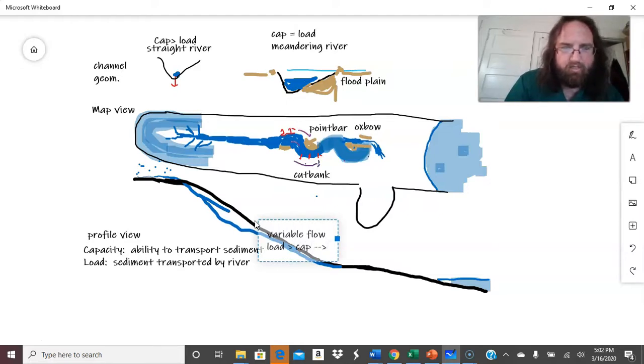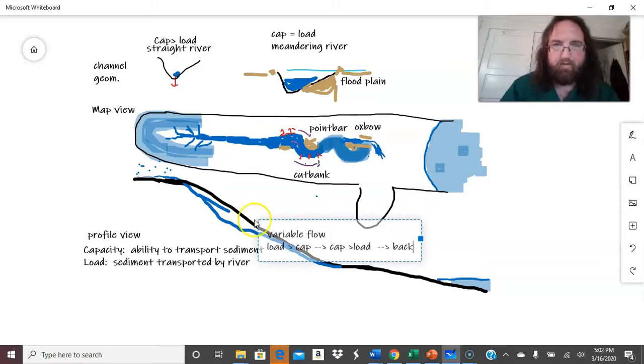And you sort of alternate between these times when your load is greater than capacity and your capacity is then greater than your load, and back again. You get a very interesting channel geometry.